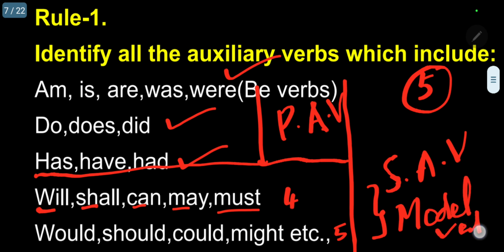Please follow. Modal verbs. So we are concentrating only on the auxiliary verbs.